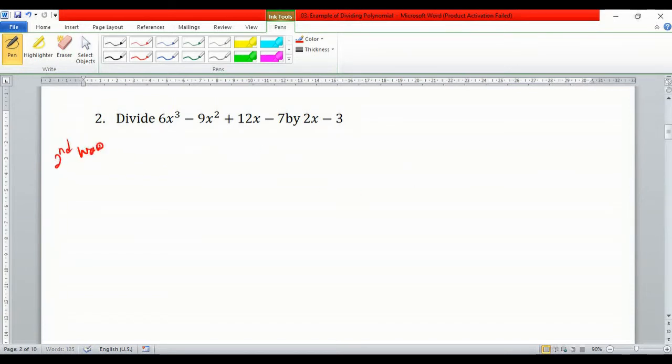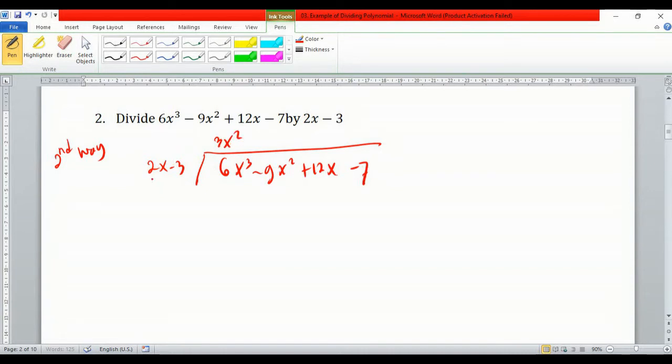In the second way, you need to put the P(x), which should be in standard form: 6x power 3 minus 9x squared plus 12x minus 7, divided by 2x minus 3. You need to think what you should multiply with 2x minus 3 to make this term cancel. So this one is 3x squared, everyone.